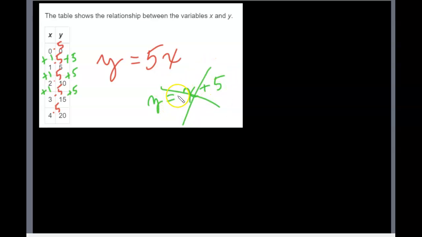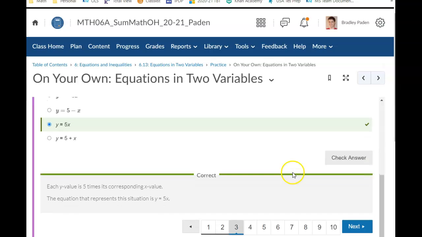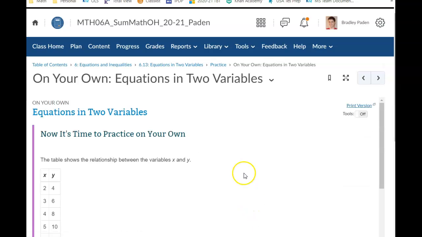That will not work. Think about it. If you plugged in 1 for x, then your y value would be 6. And here we're told it's 5. If you plugged in 2 for x, your y value would be 7, not 10. So that doesn't work. So the equation that works will be y is equal to 5x. This one right there. Bingo.